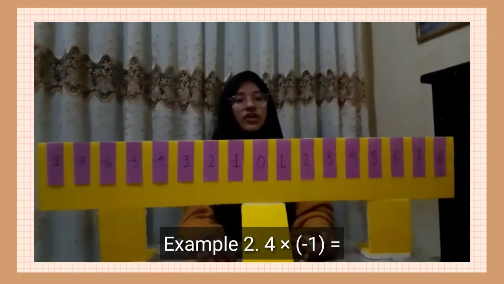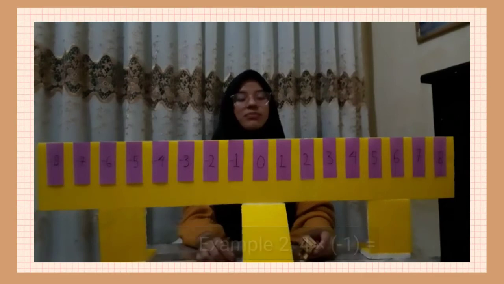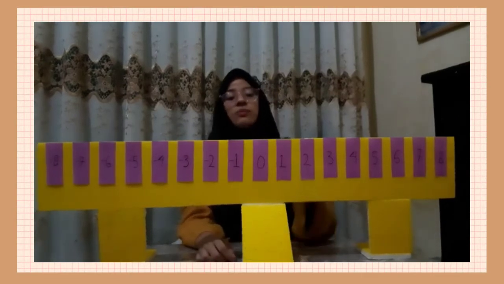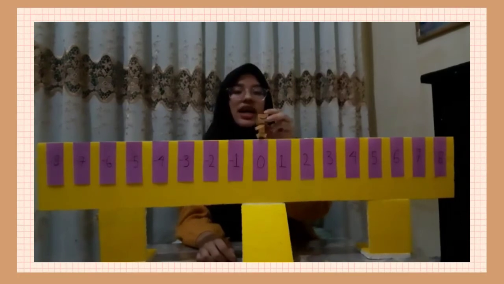Example 2. 4 times negative 1. Because the multiplicand is a negative integer, the object will stand right at the 0 position and face to the left.